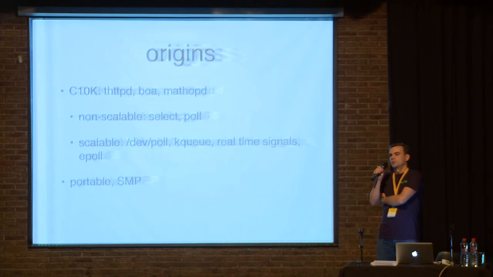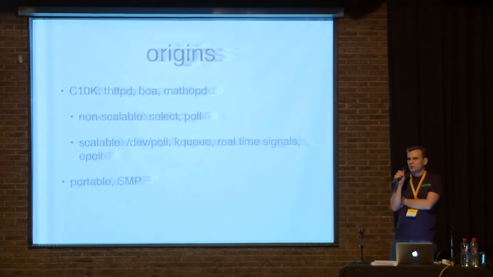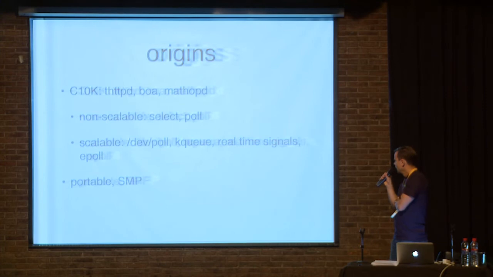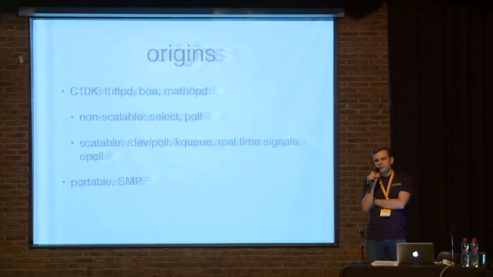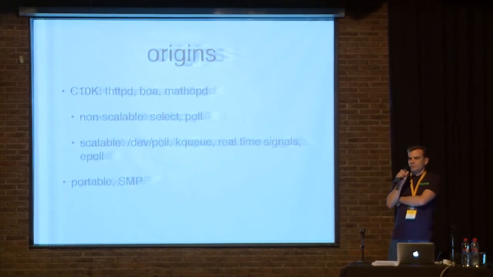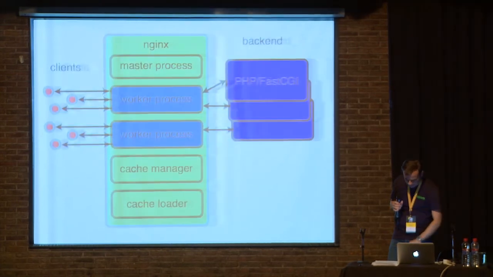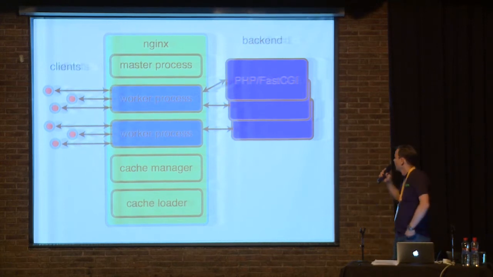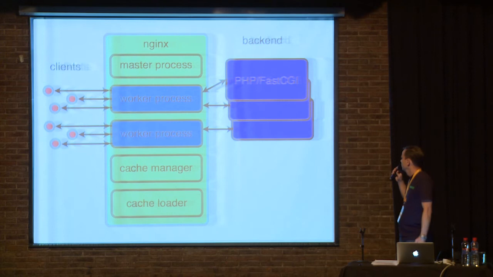At that time, dual processor systems began to be widespread, so NGINX certainly should run on SMP systems using either several threads or several processes. Finally, the latter case was chosen. This is a scheme of NGINX processes.